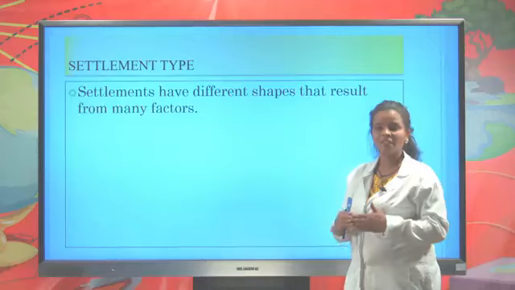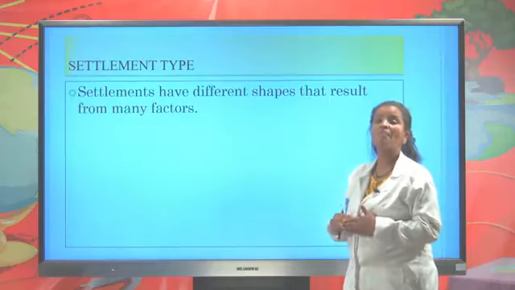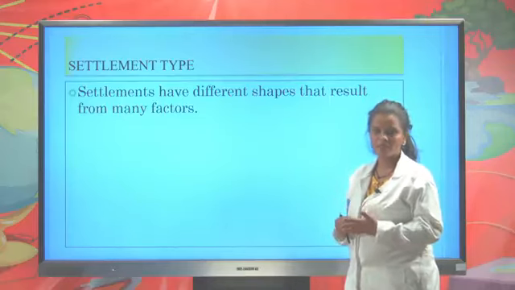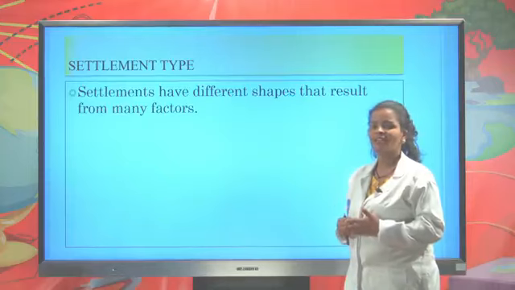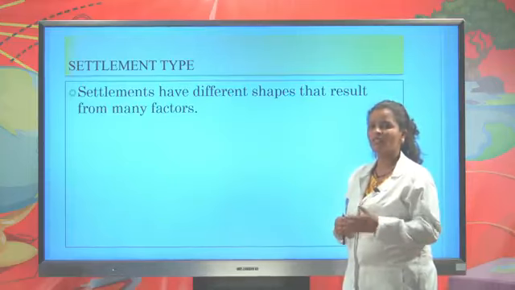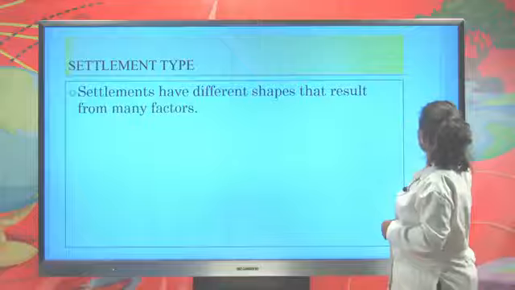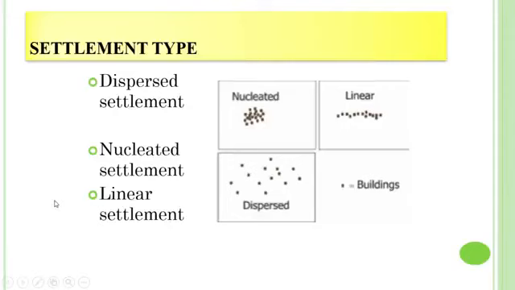Settlements have different shapes that result from many factors. For example, situation and site are factors of settlement. Depending on situation and site, there are different types of settlement: dispersed settlement, nucleated settlement, and linear settlement. Look, this is a nucleated settlement.